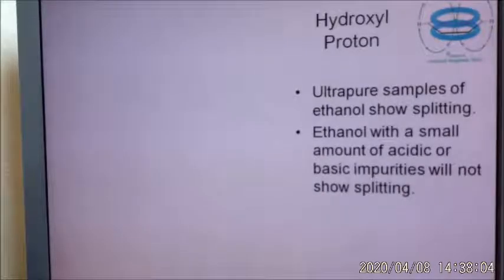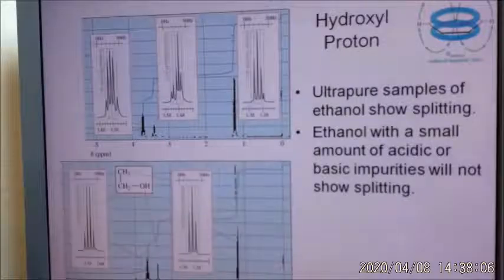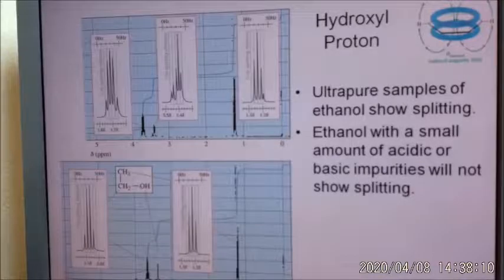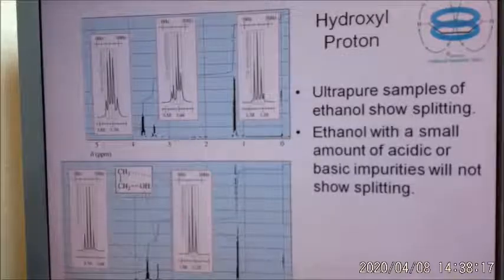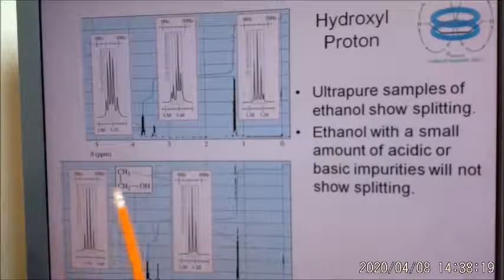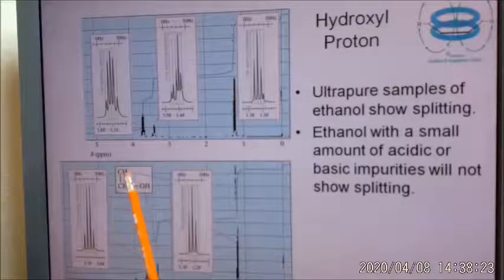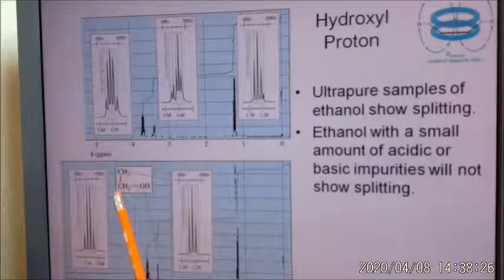So what happens? Ultra pure samples of ethanol. When I see it splitting, here's ethanol. So this hydrogen here, I have a CH3 next to it, so it should give me a quartet.